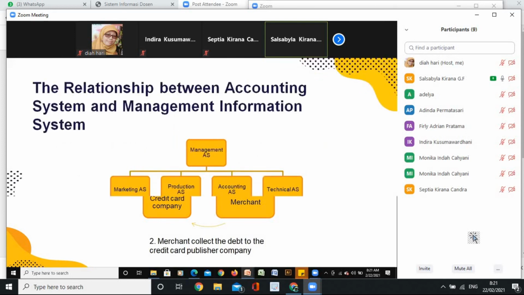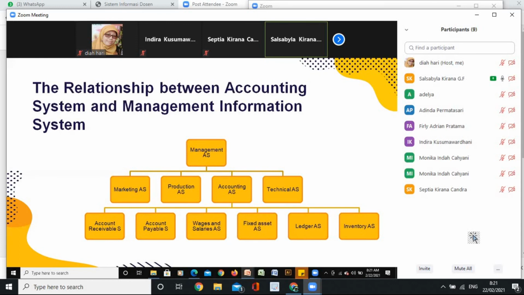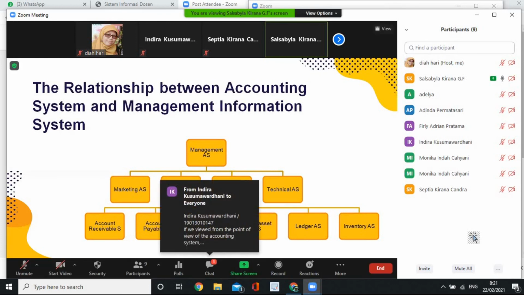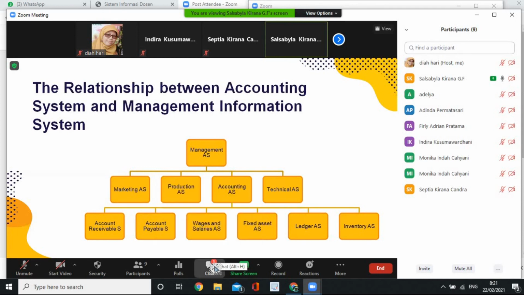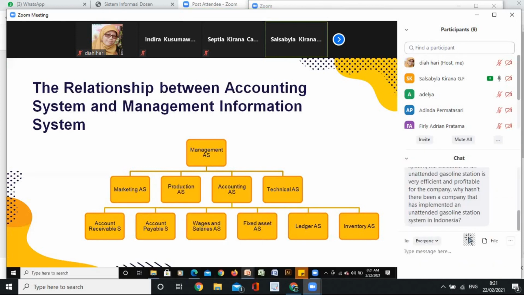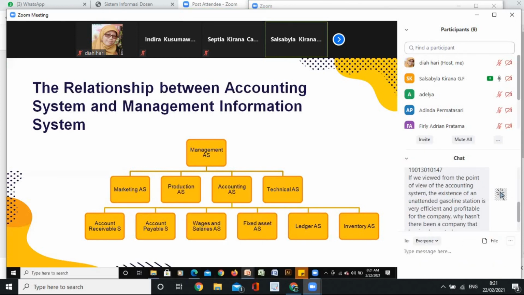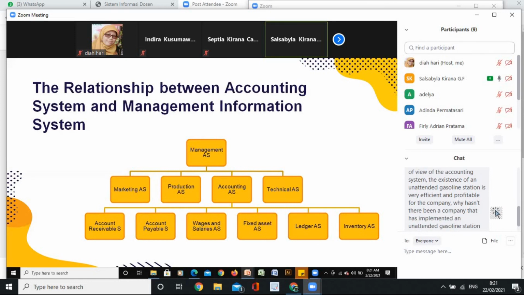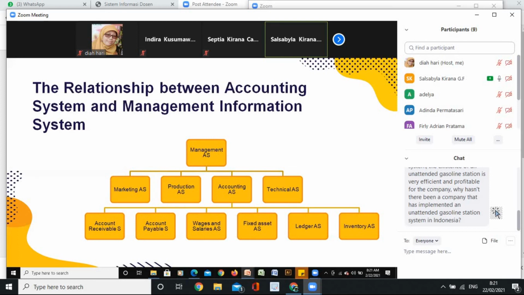The last is the relationship between accounting system and management information system. Usually, a company management runs the business by using an information system called the management information system. The relationship is that the accounting system is a subsystem of the management information system.